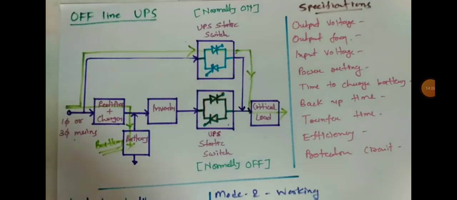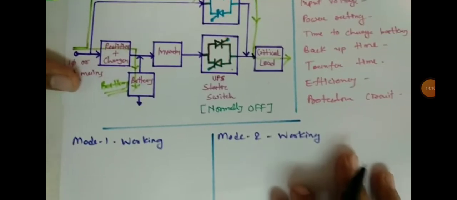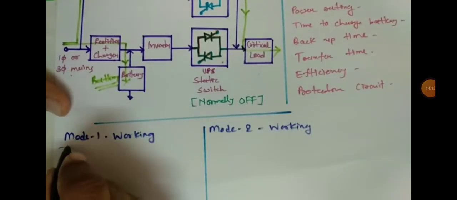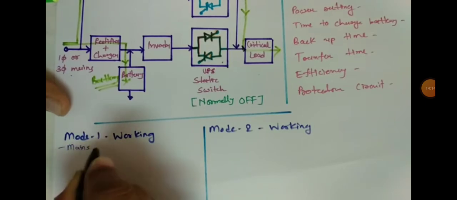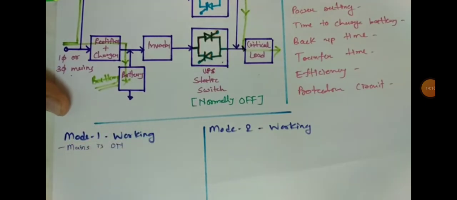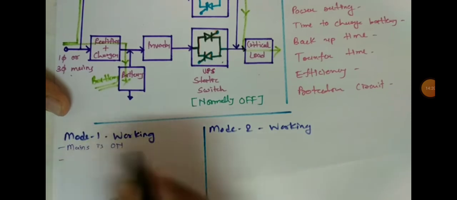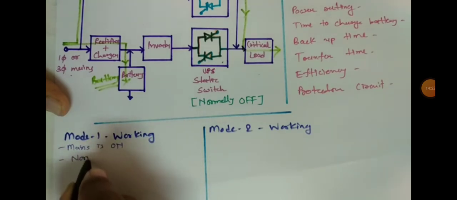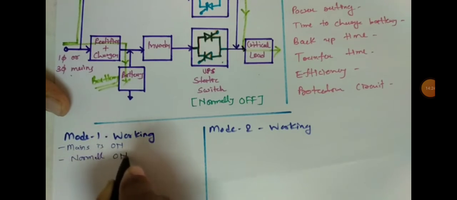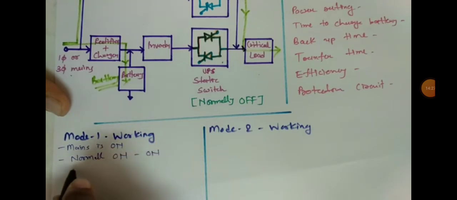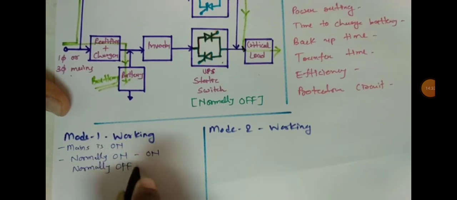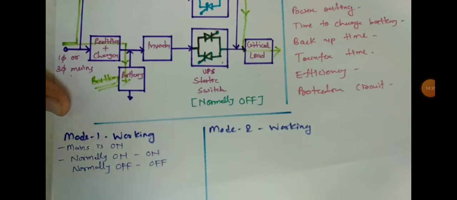So the first mode of operation, that is mains is on. So when mains is on, two switches are there: the normally on switch that is on and the normally off switch that is off.